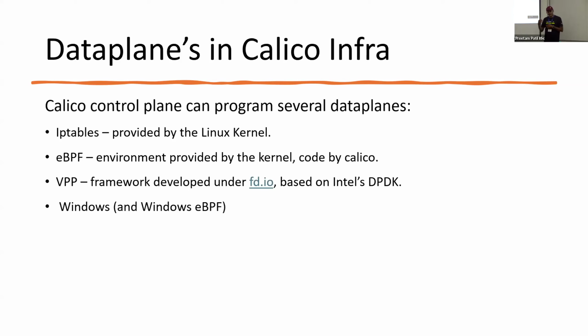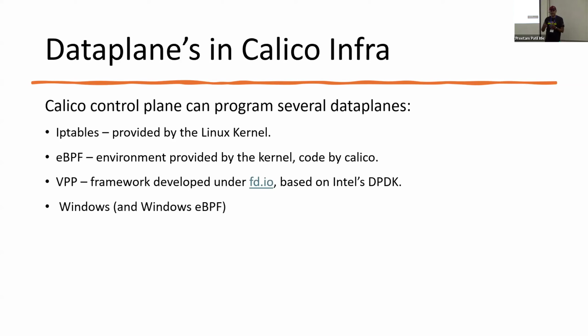Right? And there is another data plane which is completely user-space based, which is VPP based, the framework developed under FD.io, which is based on Intel DPDK, and I think that project has been started and is still in alpha stage, still a work in progress, right? So that's the third one. The fourth one is, I think we talked about Windows doing eBPF.